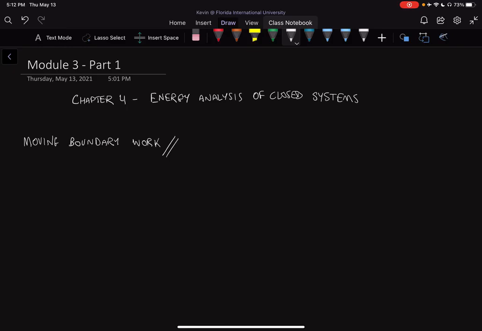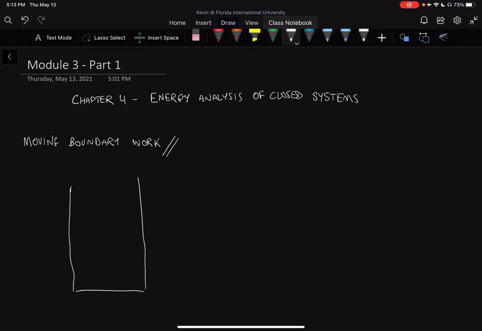So the first thing we're going to talk about is moving boundary work and defining what moving boundary work is. And the first diagram that we're going to draw, which we usually always start with in our thermodynamic analysis of closed systems, is our piston cylinder device.